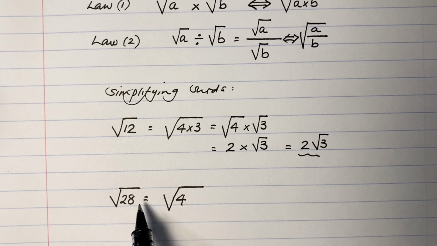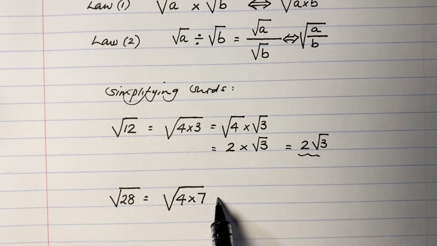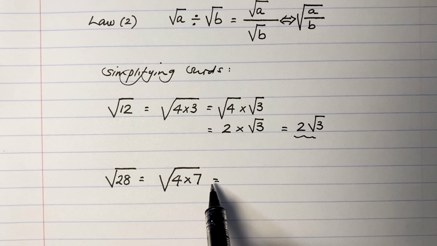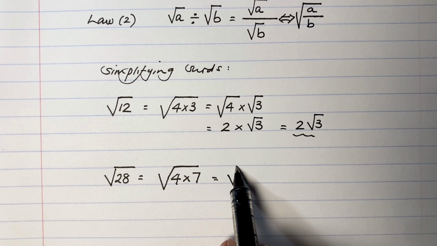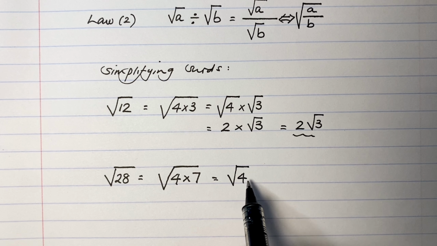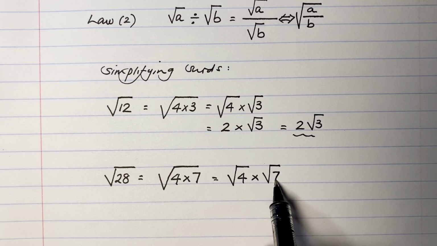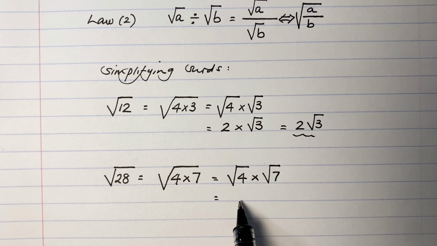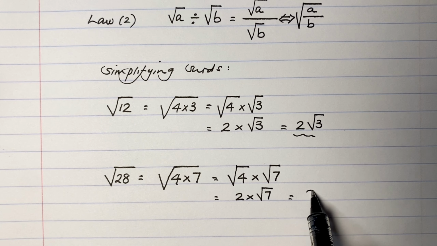I can write 28 as 4 times 7. Again, as in the previous exercise, I split, but we know root of 4 is 2. So 2 root 7.